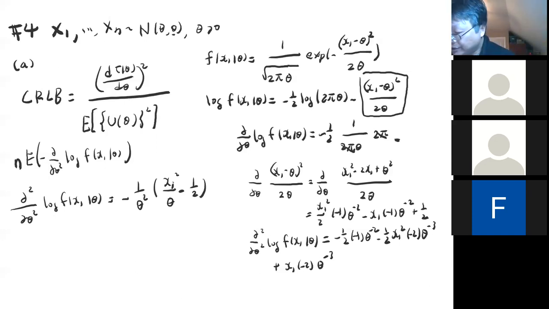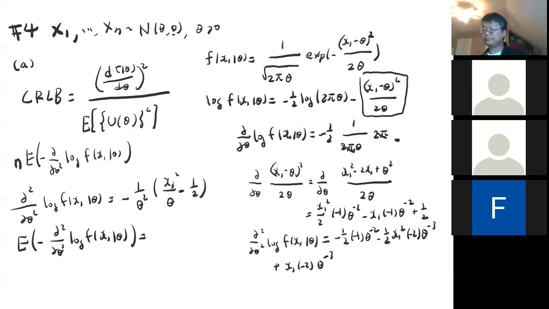So that means we can eventually derive the CRLB, but we still need to take expectation on minus the second partial derivative of log f of x1 given theta.